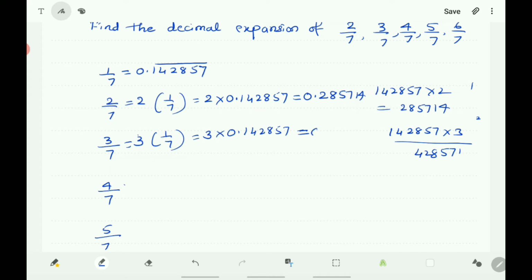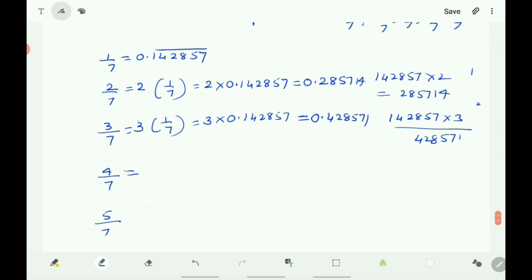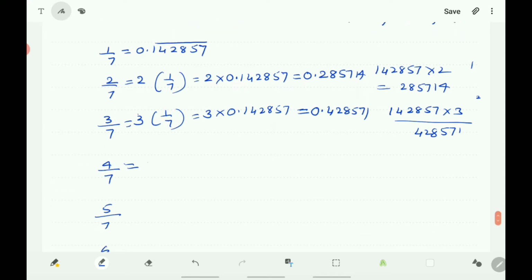So it is 0.428571. The decimal expansion of 3 by 7 is equals to 0.428571.